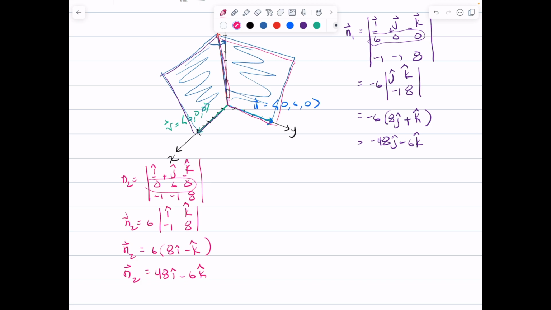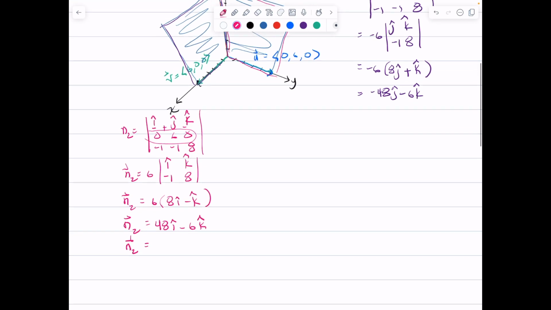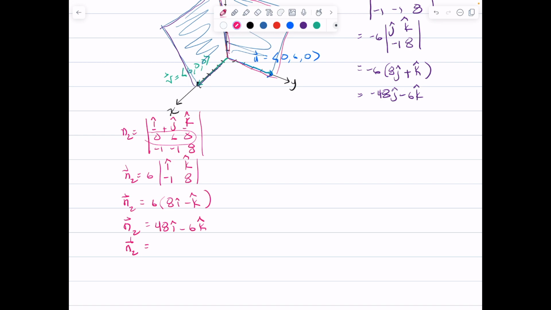Now, putting these in component form just to make it easy, N2 is going to end up being 48, 0, -6.